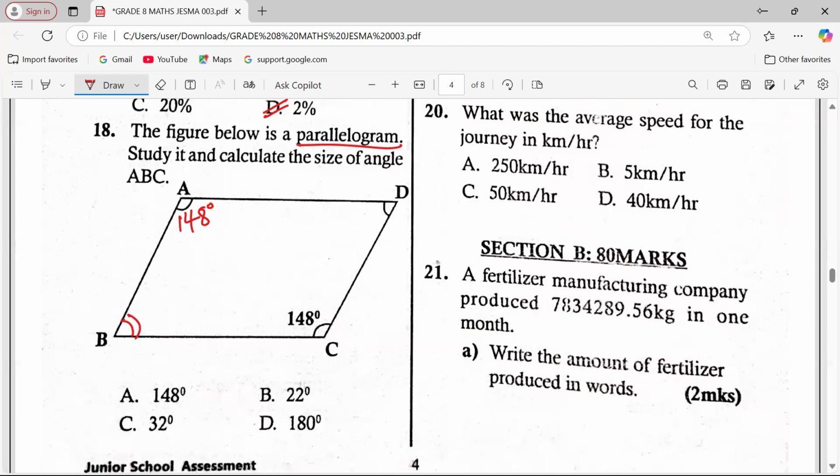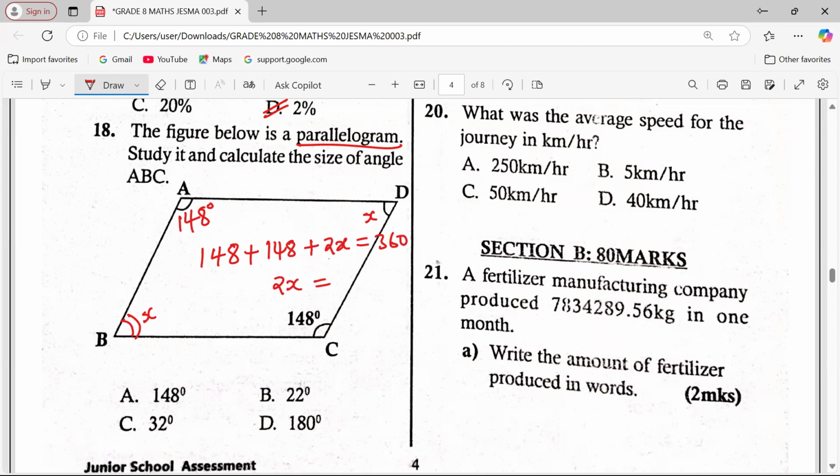And being a quadrilateral, that is four-sided, we should know that when we take 148 and we add the other 148, we should also be able to add x and x. So this is going to be 2x, and the total should be 360. So we can remain with 2x at this point.